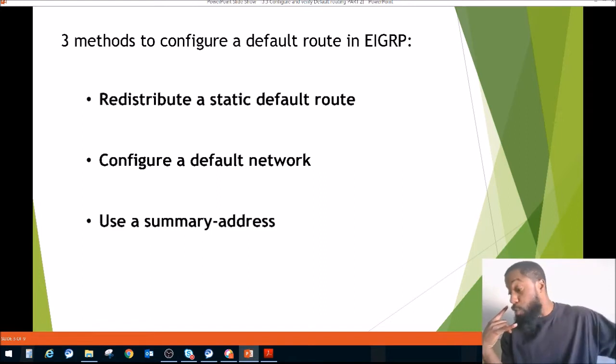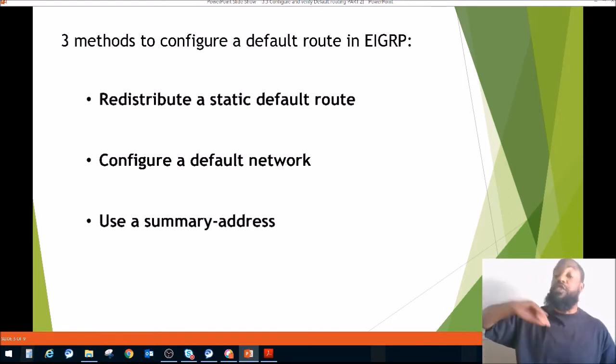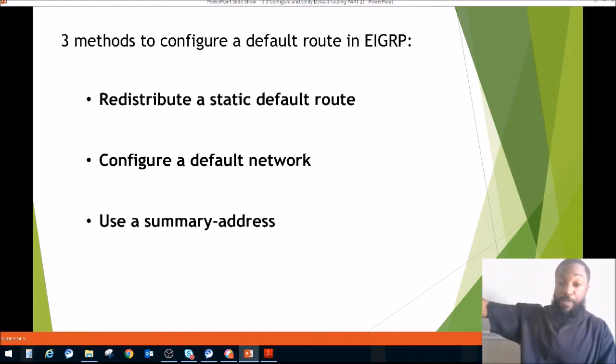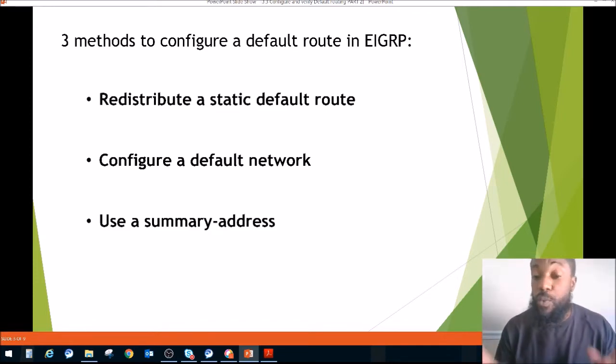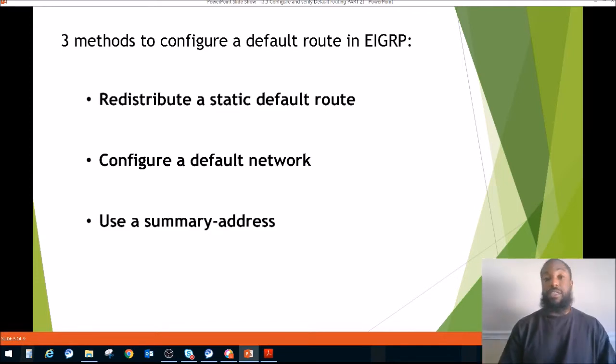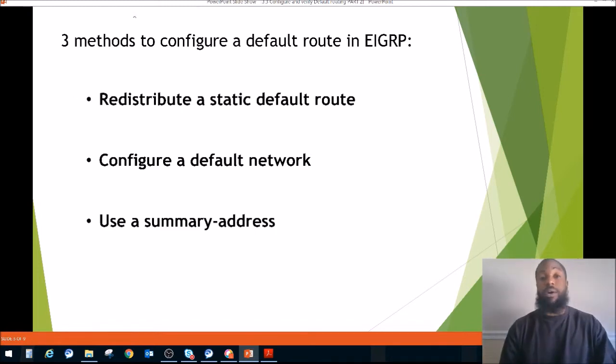From there, we'll be able to go to Vegas or LA or whatever city you need to get to. Us making that phone call would be the routing protocol sharing the default route. In these terms, we call it propagating routes, or sometimes redistributing a route.